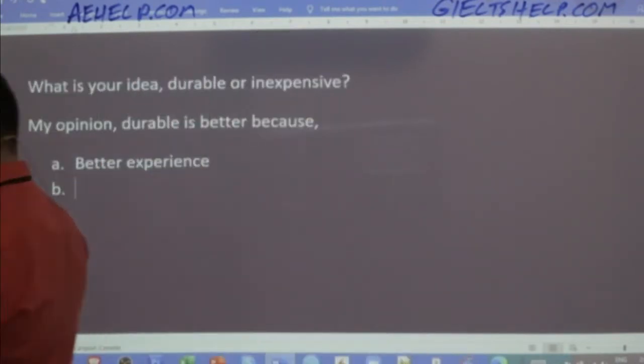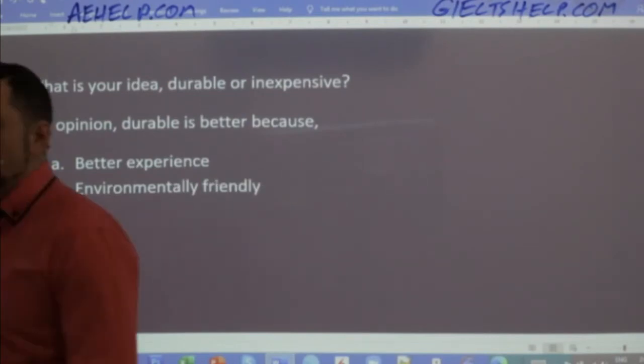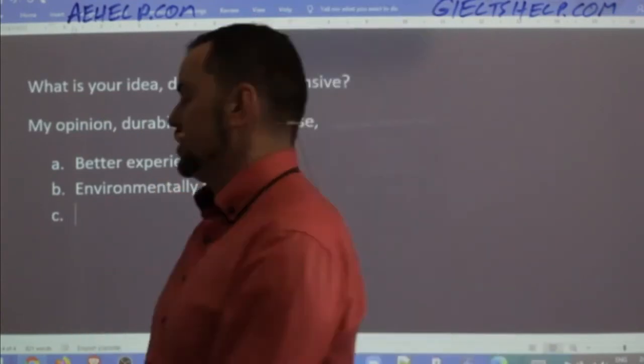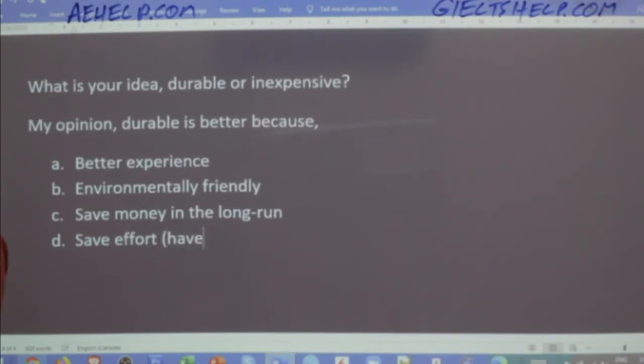So environmentally friendly. Yeah, so we're not creating as much waste, right? For Dobbs, very good. People can save money and effort, having to purchase again.